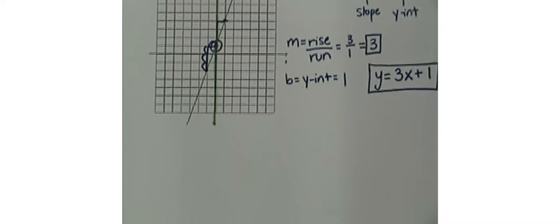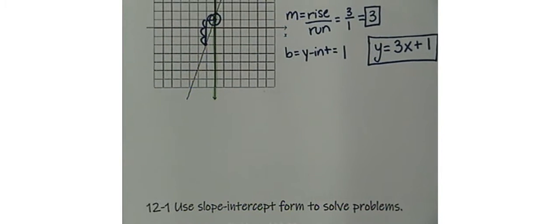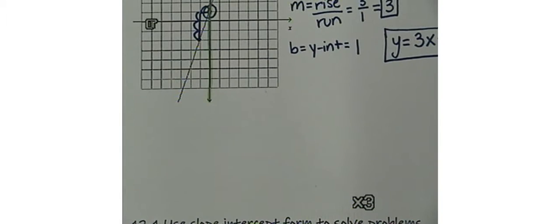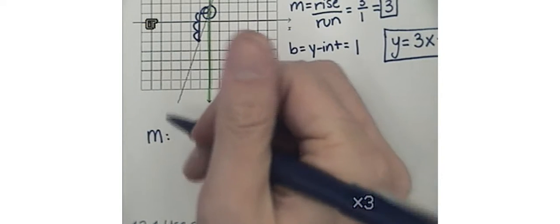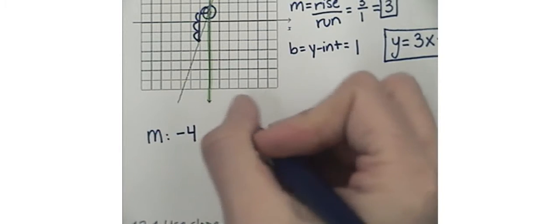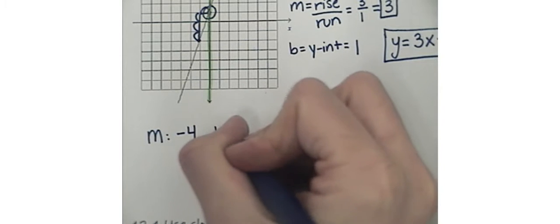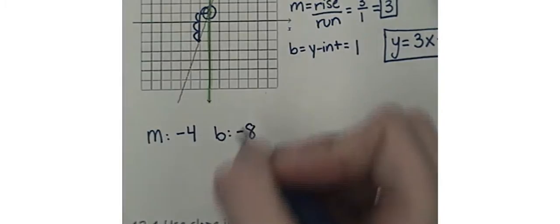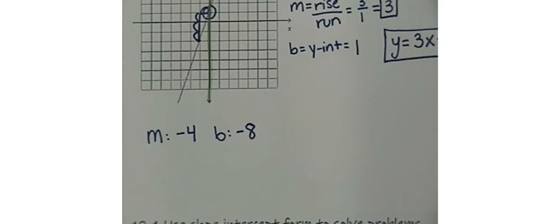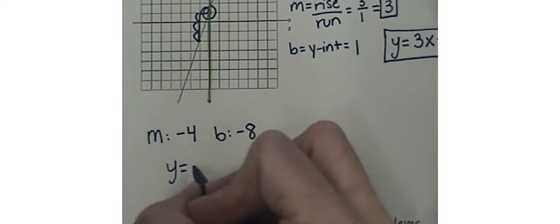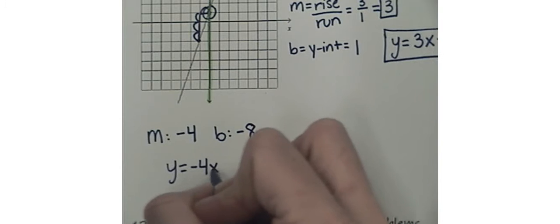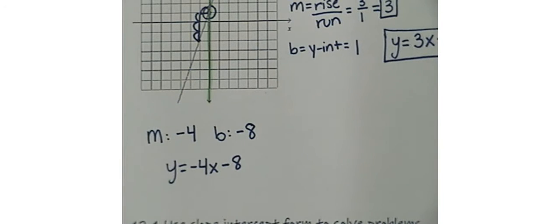Okay, I'm going to give you another one to try. If your m is -4, your b is -8, can you write it in slope-intercept form? Y equals -4x minus 8.